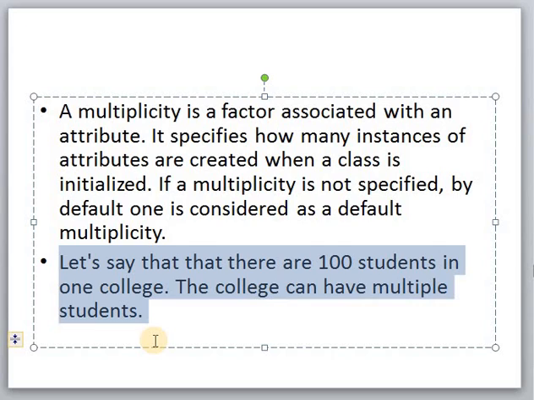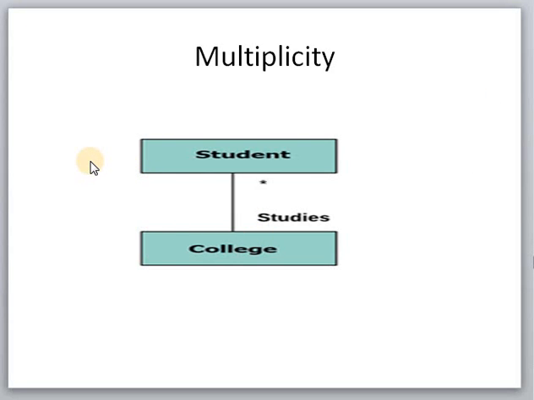Let's say that there are 100 students in one college. The college can have multiple students. So, using this particular diagram, we can model the multiplicity between the given classes.